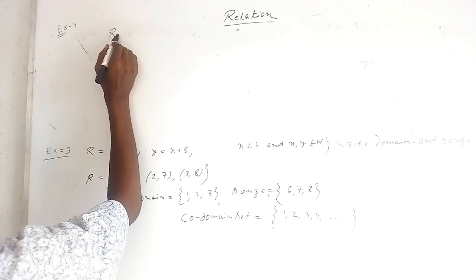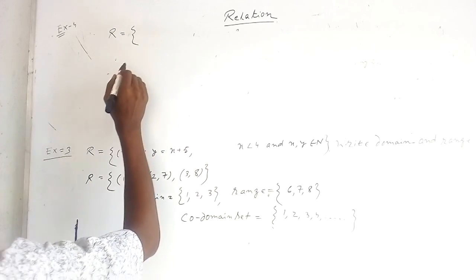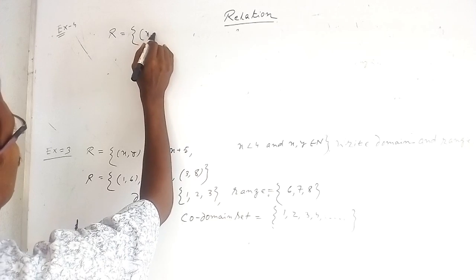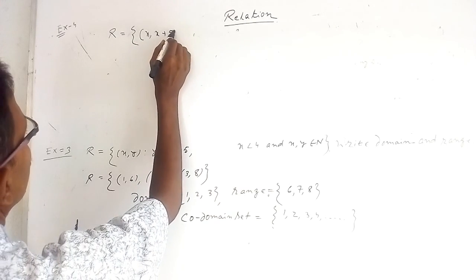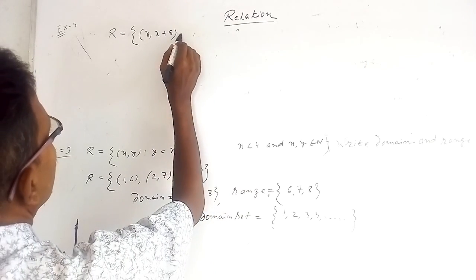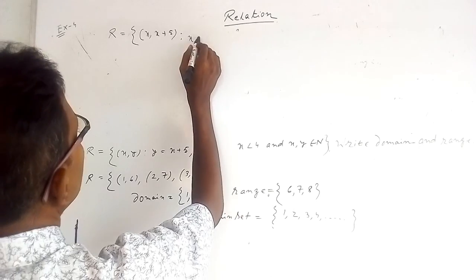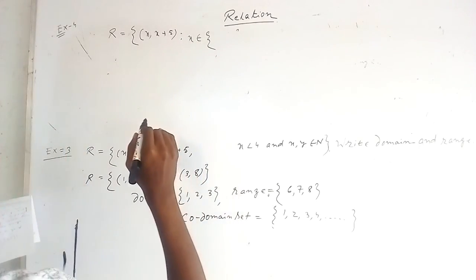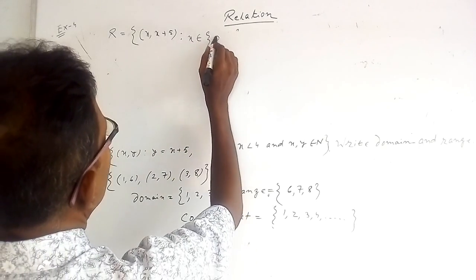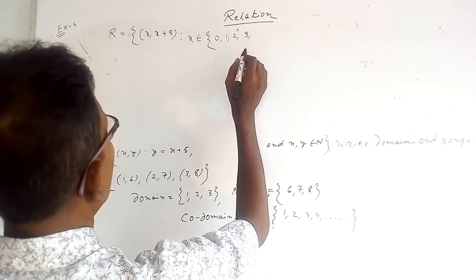Here R is equal to a similar type of sum, very easy: (x, x plus 5) such that x belongs to {0, 1, 2, 3, 4, 5}.